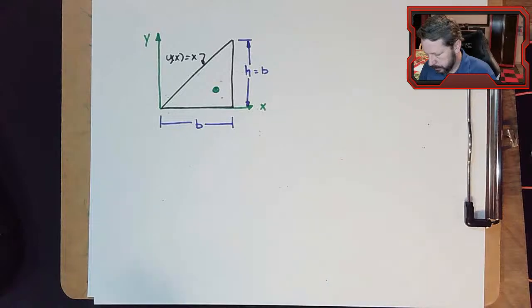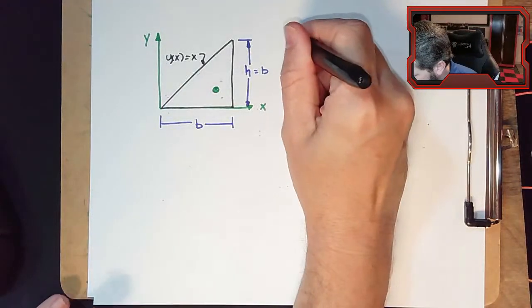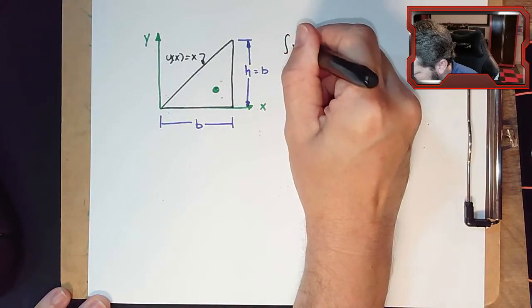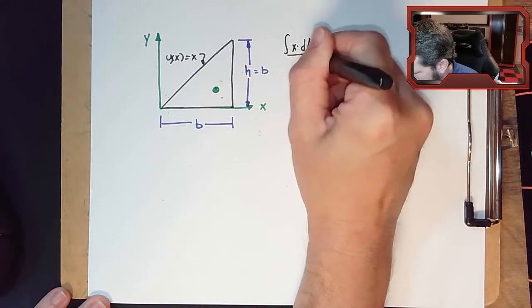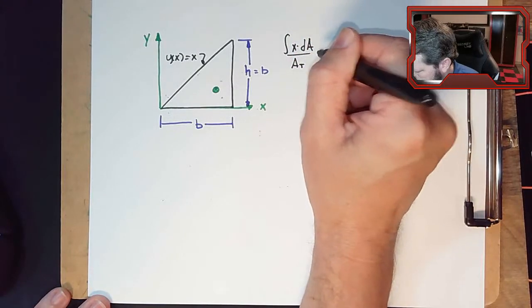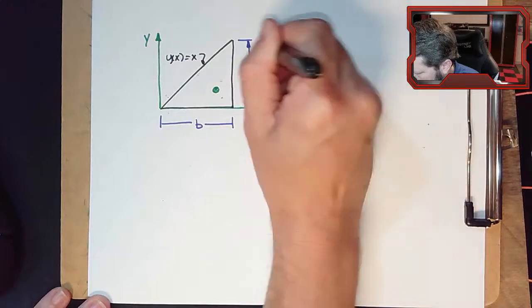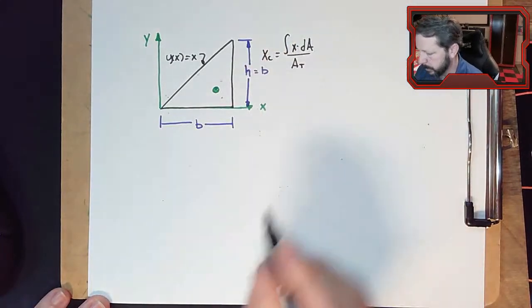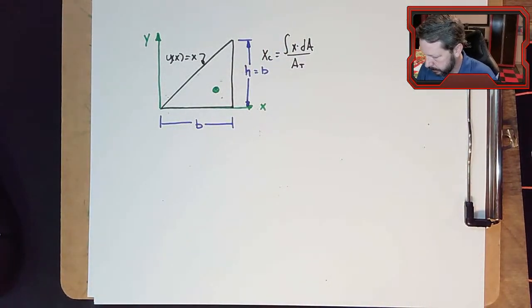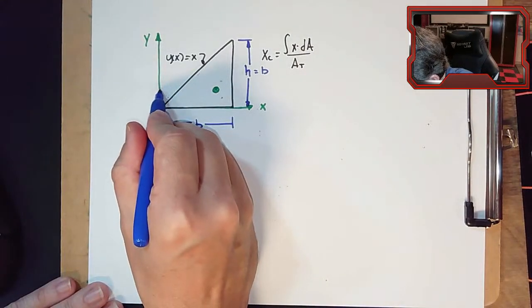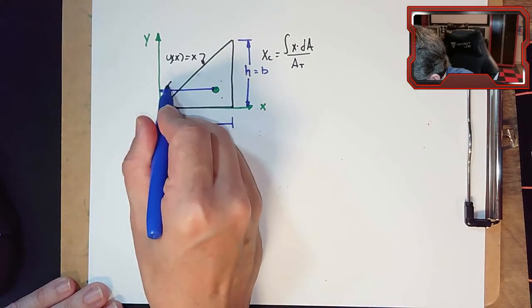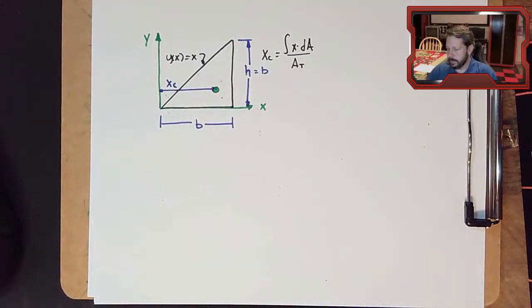All right, so we're going to use our equation, integral x dA over total area. That is x of c. So that is this distance. So that distance is given by this equation.